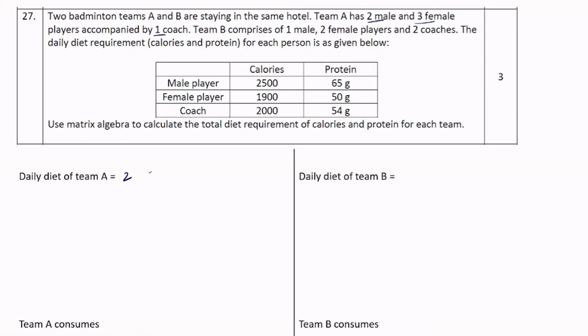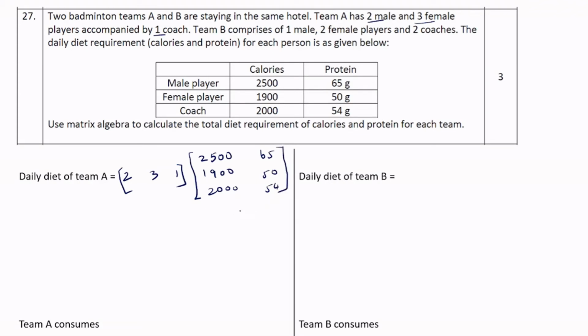So 2, 3, 1, this matrix, into the matrix for the daily diet requirement, calories and protein, which is 2500, 1900, 2000 and 65, 50 and 54.